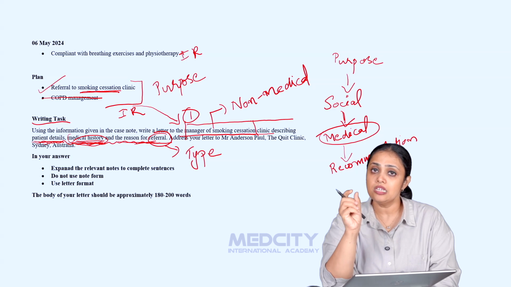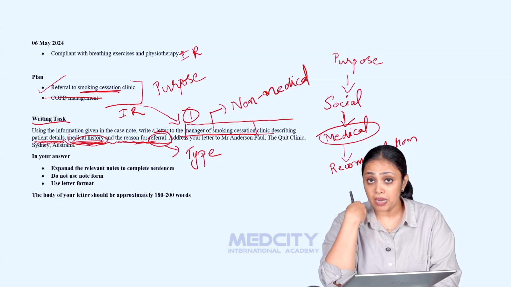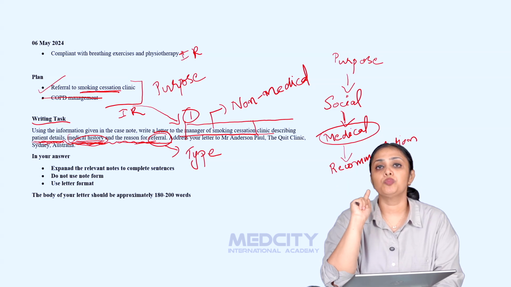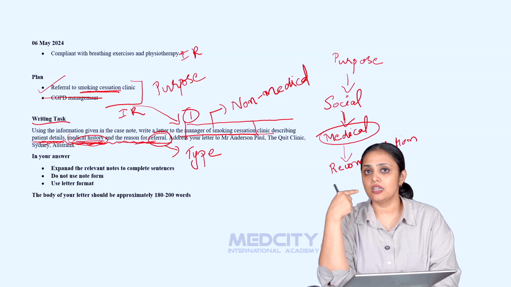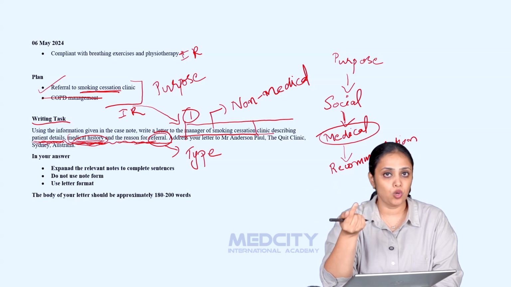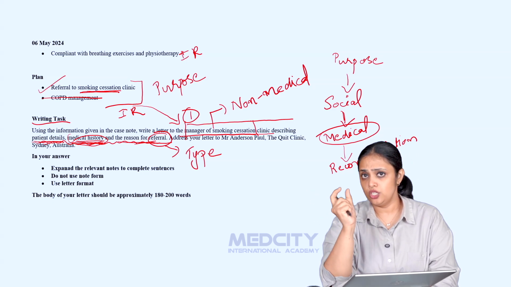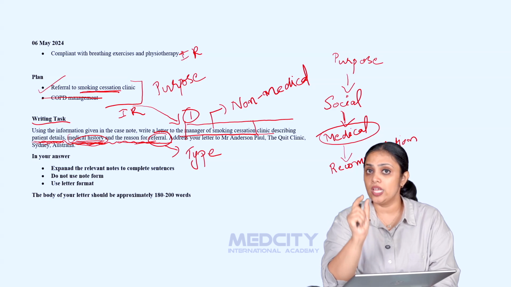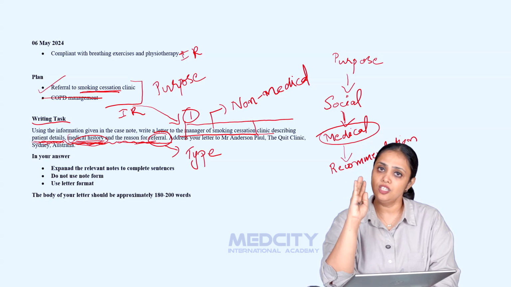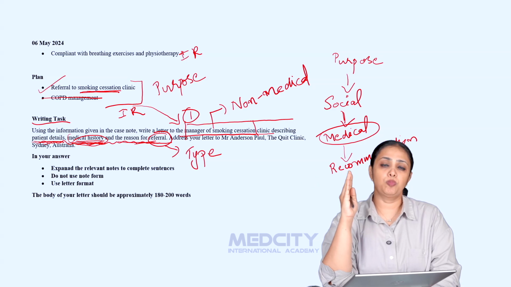Because my concern, being the nurse who's providing COPD management to my patient, is that my patient's COPD condition is getting worse because of this smoking habit. So if needed, you can mention that as well, but the focus should always be on smoking habit and smoking cessation, and the requirement is smoking cessation.